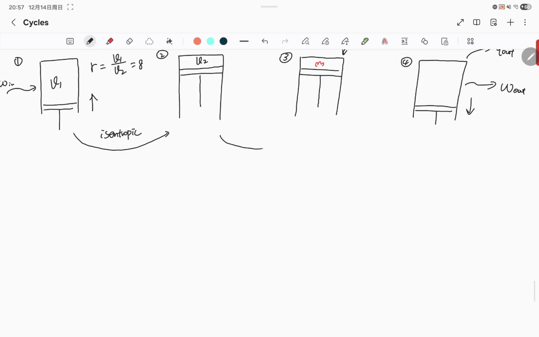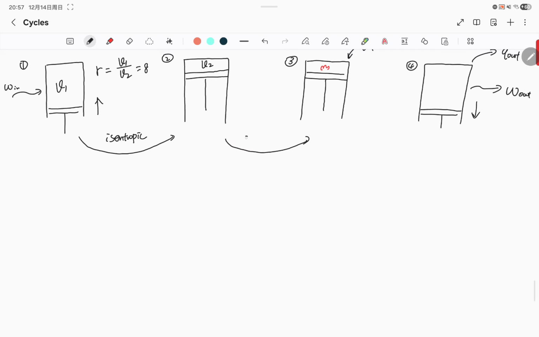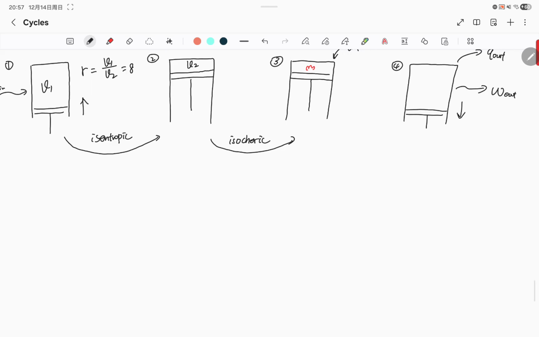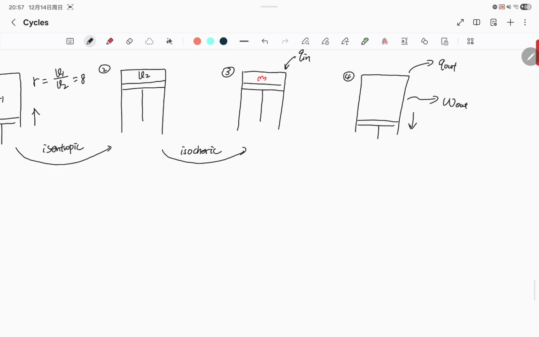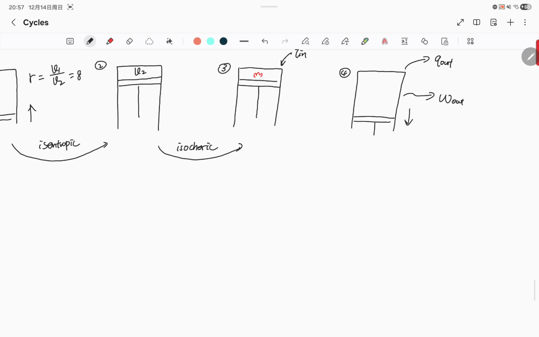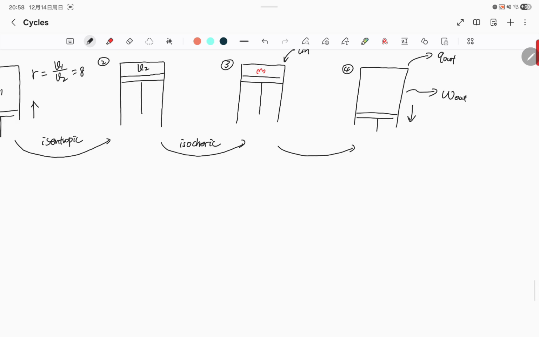From 2 to 3, it's isochoric, meaning my volume doesn't change. As you can see, the piston stays up. From state 2 to state 3, volume doesn't change. This happens in a split second, real quick. So state 3 to state 4 is another isentropic process.